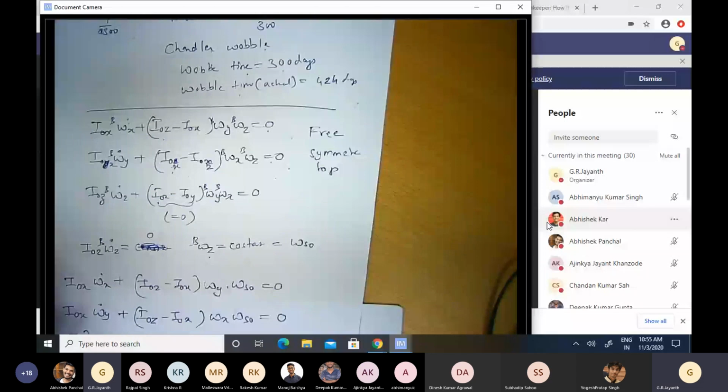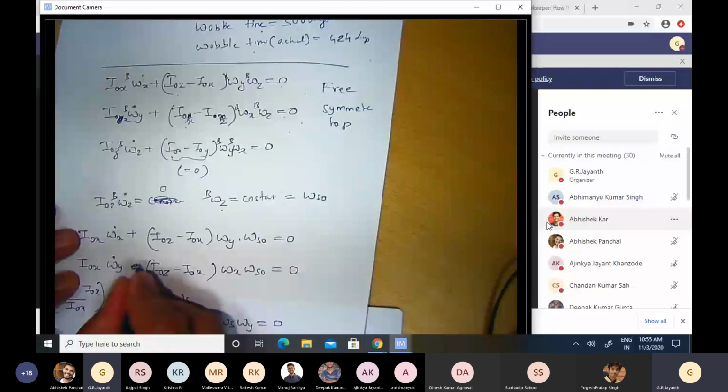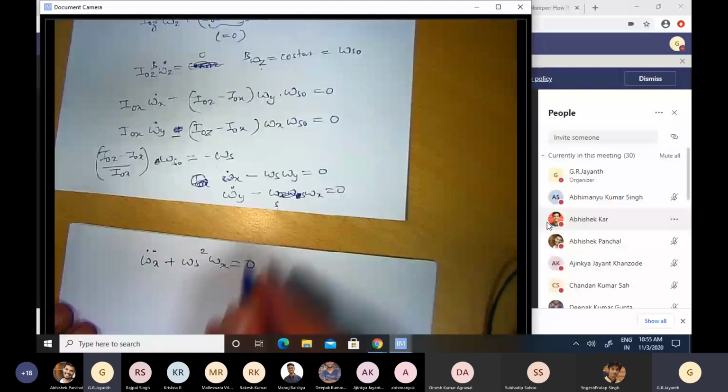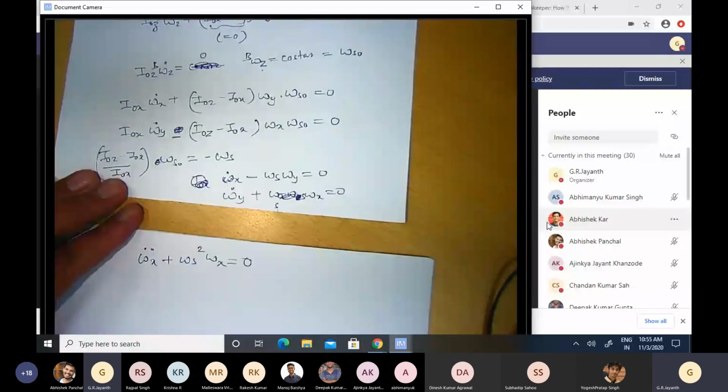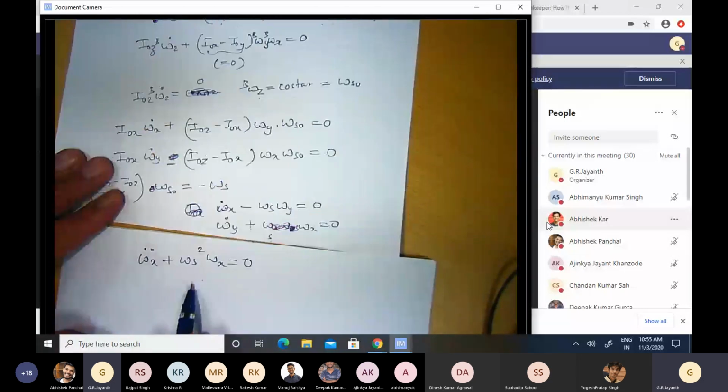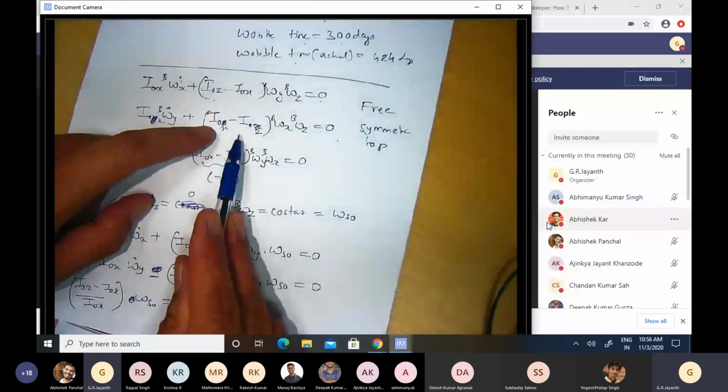Okay, so in which case this is going to be plus. So if you do that, then you get this expression. So I have not written down the Euler's equations correctly. If you check your notes, I'm sure you will see that whatever I have written now is the correct sign for these coefficients.